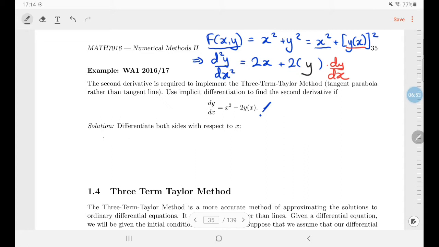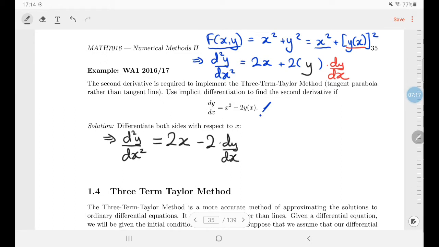If you differentiate the first derivative, you get the second derivative. Remember, in these videos, pause me and rewind me. Equal to the derivative of x squared, which is 2x, minus the constant 2. Now, what is the derivative of y of x? Well, the derivative of y of x is dy dx.